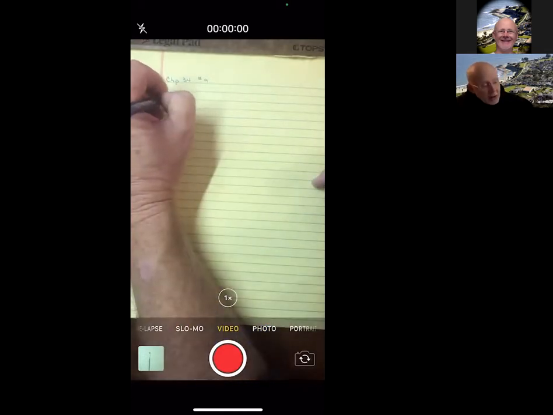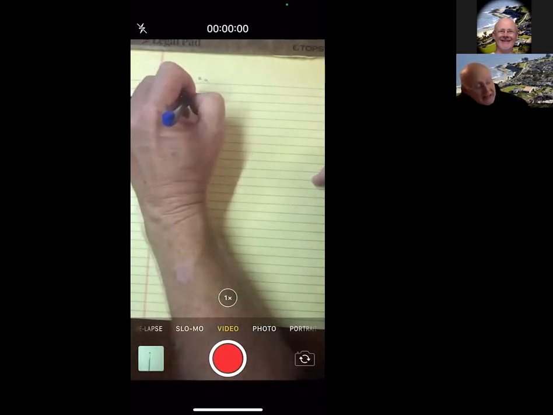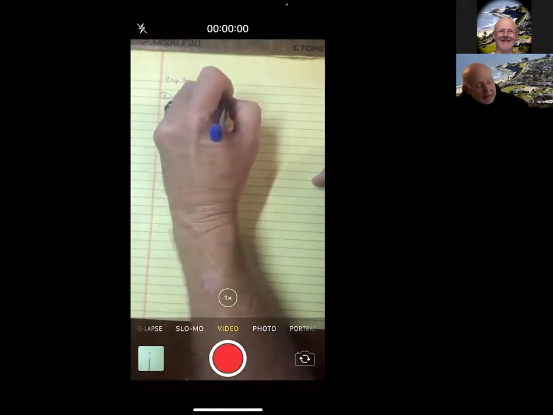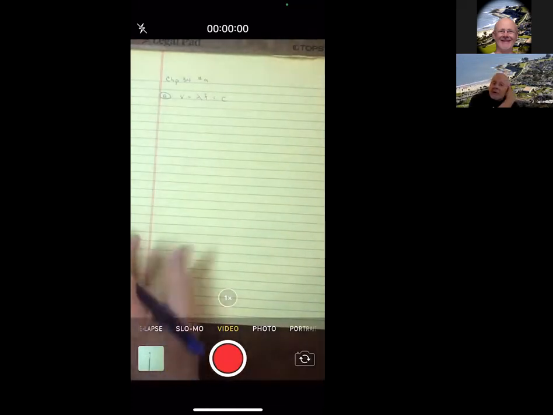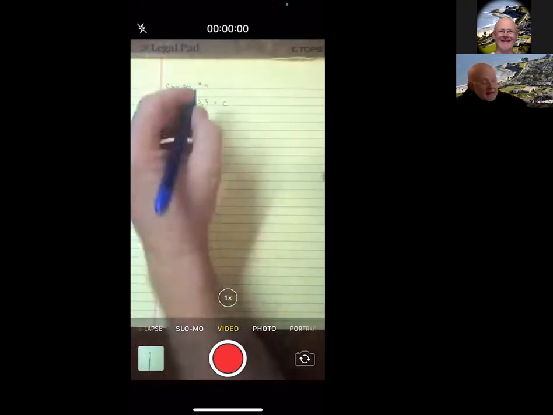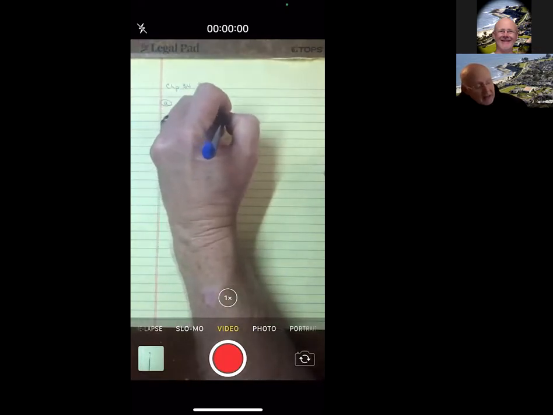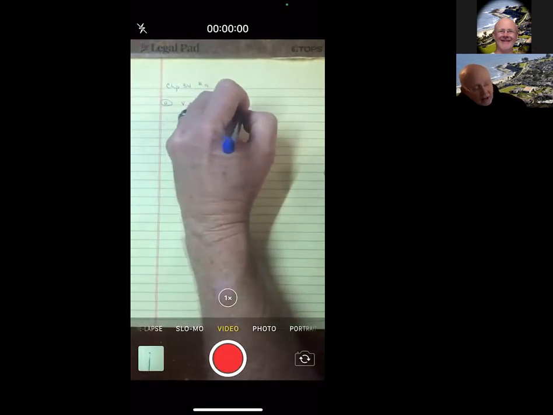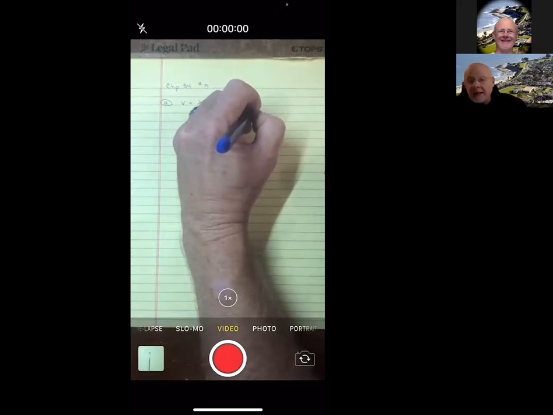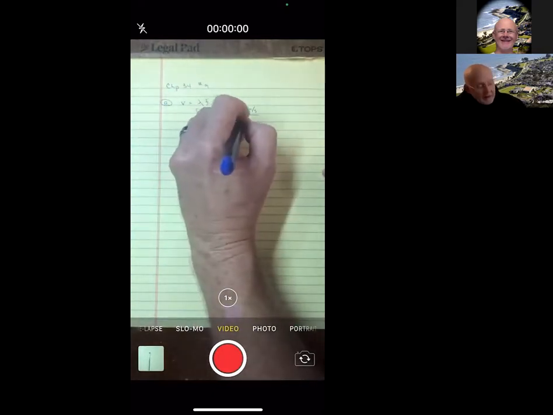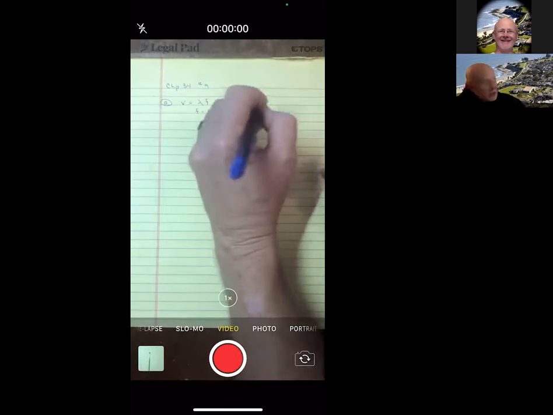All right, so the velocity equals wavelength times frequency. Since these are electromagnetic waves, they travel at the speed of light. And so the frequency would be C divided by the wavelength. So the speed of light is about 3 times 10 to the 8th. The wavelength here is 50 meters.